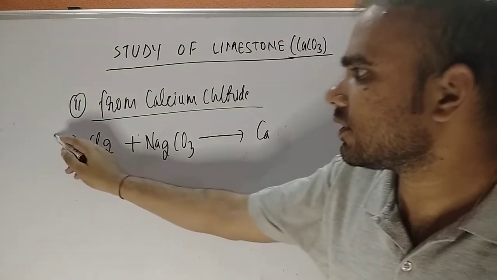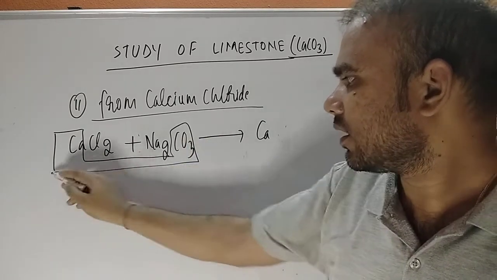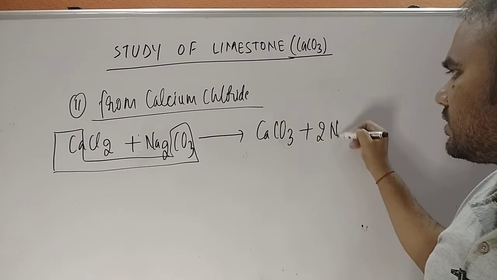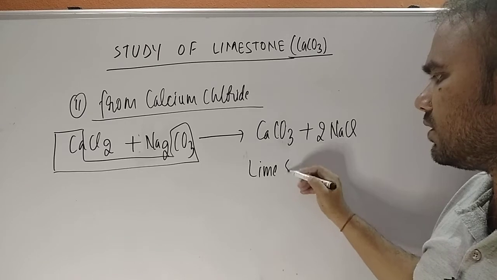So it will give calcium carbonate, and together it will give 2NaCl. This is known as limestone.